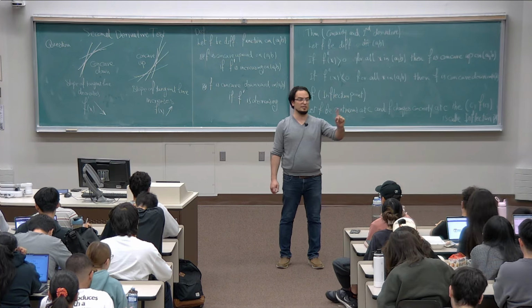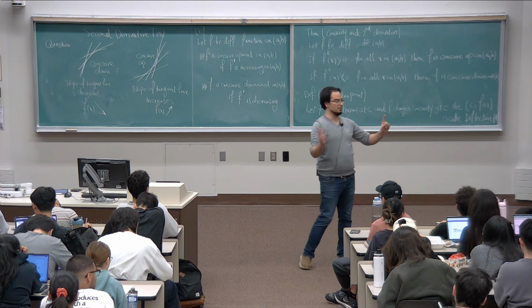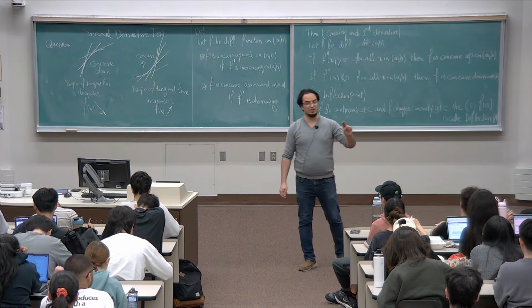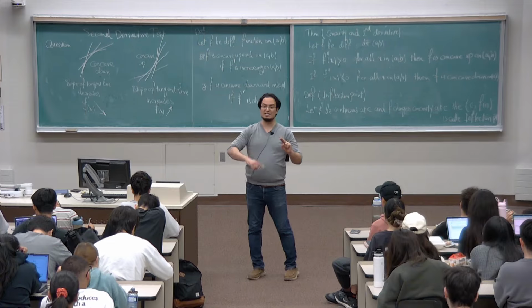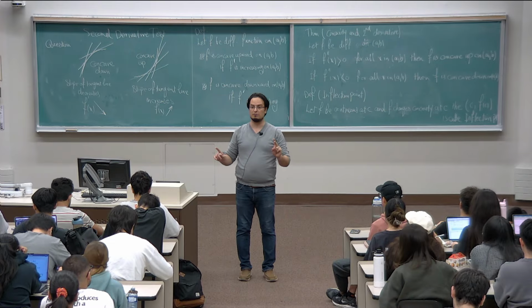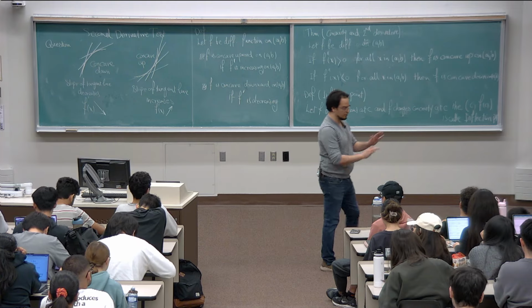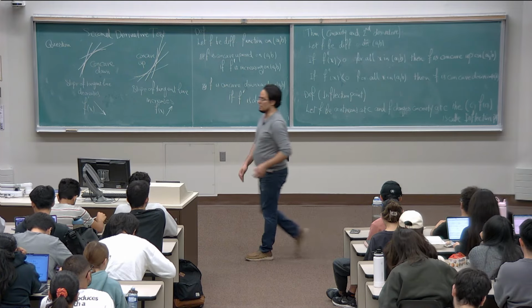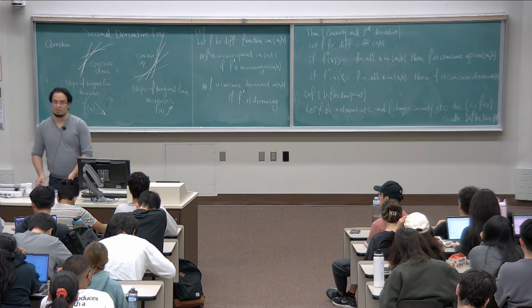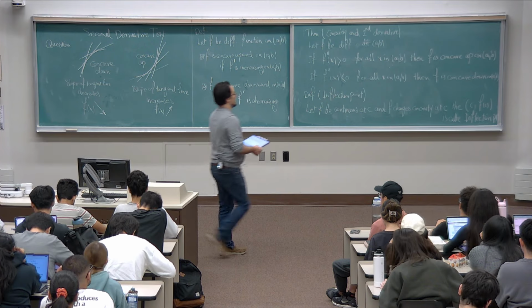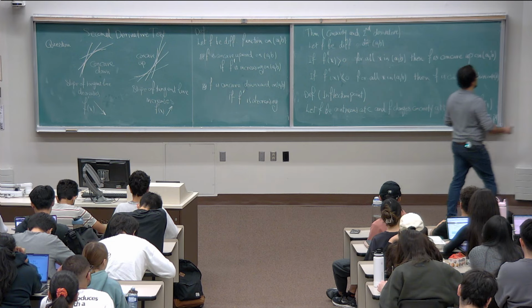The first derivative was all about increasing, decreasing. The second derivative of a function is about concave up, concave down. That's all we are trying to work with today. And we will use this understanding of the concept to create the second derivative test. Let's do some examples.